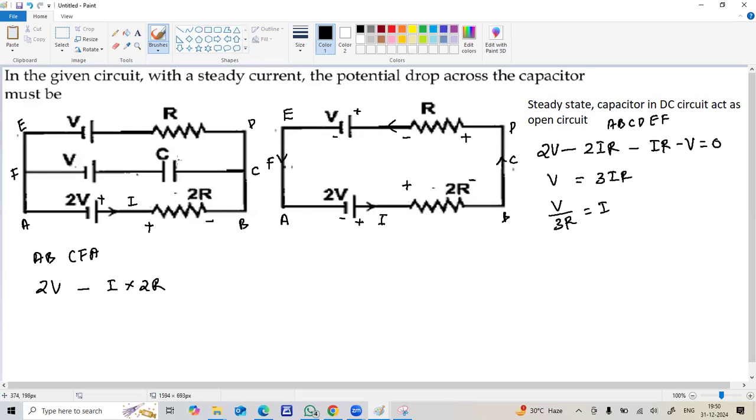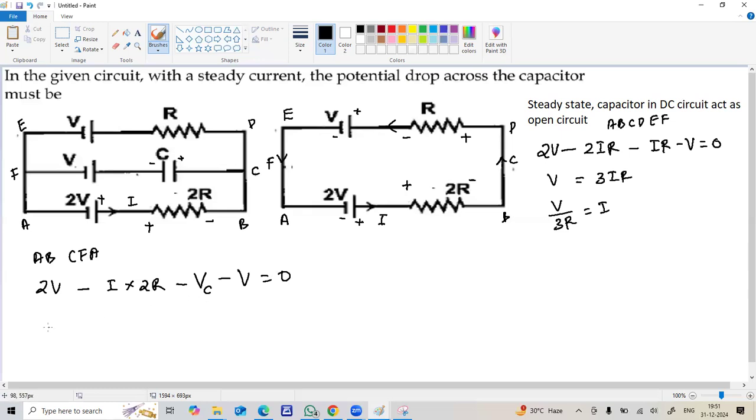And here the capacitor. This capacitor is connected to 2V on one side, positive, and V on the other. 2V is greater, so this side is plus and that side is minus. So you can just take the capacitor voltage as VC. As you exit from the negative terminal, minus VC. You exit the cell from the minus terminal, so minus V equals 0.